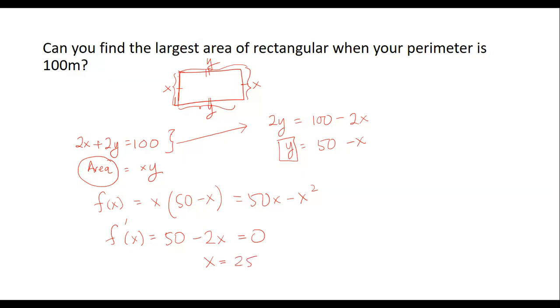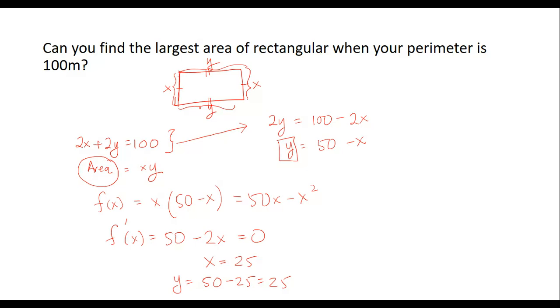If x equals 25, what about my y? I put in the original values there, and my y is also 25. Now this is the critical value to make sure that my point is an extremum. So that one is clear.